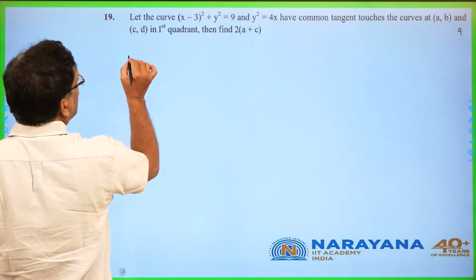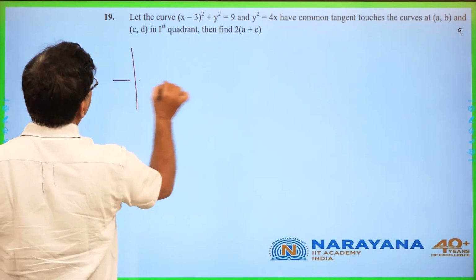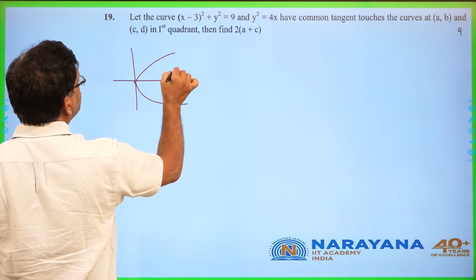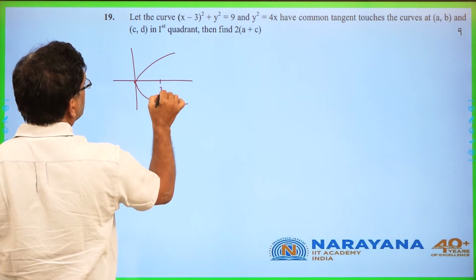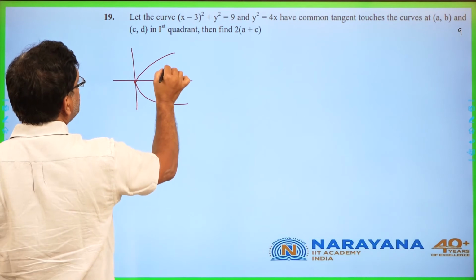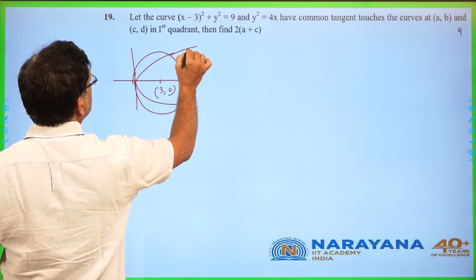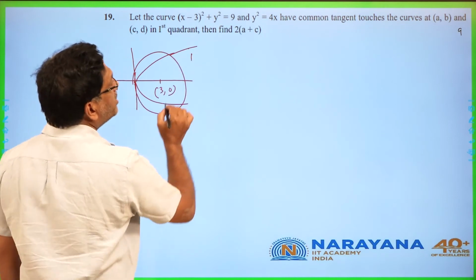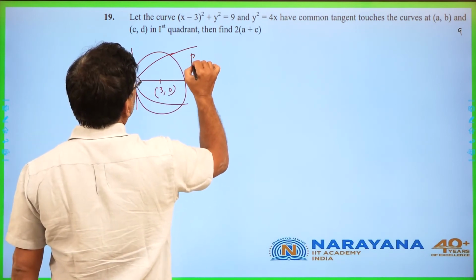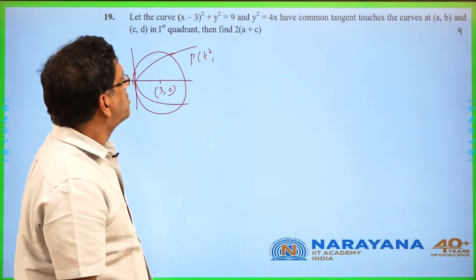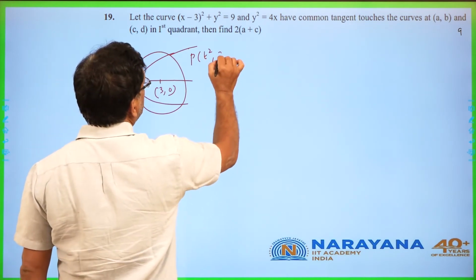So we can take like this, it's a rough curve. So this is 3, 0 and this is the circle. Somewhere I am taking the point P. So any point (at square, 2at).